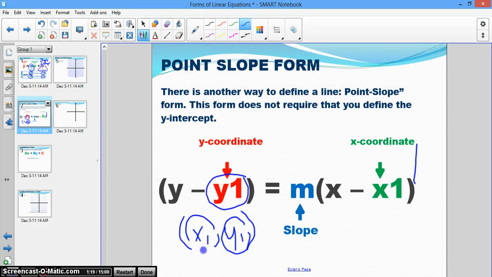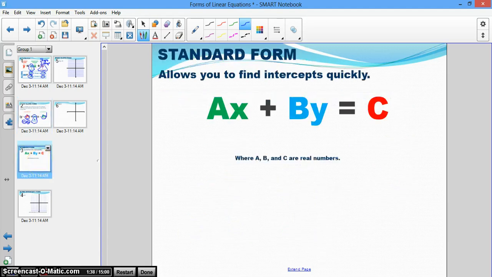The x coordinate is shown in the equation with x1, and the slope continues to be m. This form of the equation is important because you can take any point given by your x1, y1 and plot your line. The next form of equation is the standard form, shown by ax plus by equals c.